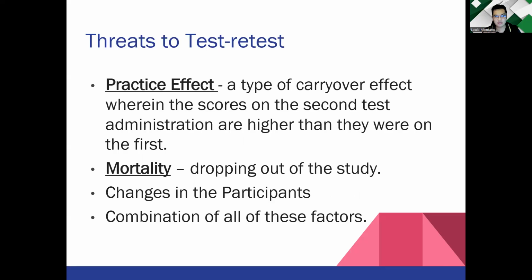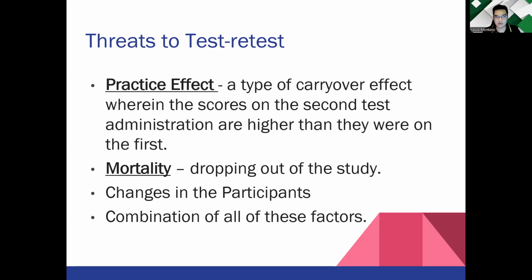Ang nangyayari sa second administration, hindi na sila bumabalik. So, in other words, isa yan sa mga downsides when doing test-retest. When you do a study na across time, hindi na maiiwasan that some of your participants will no longer be participating in the second administration, in the second part of the data gathering.